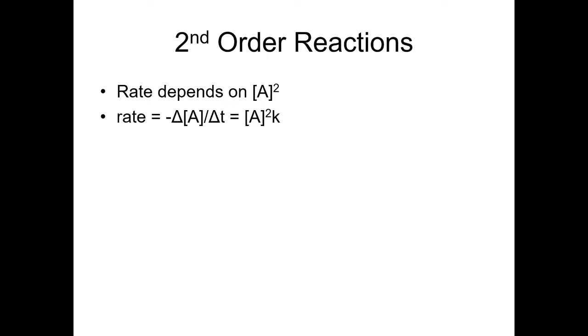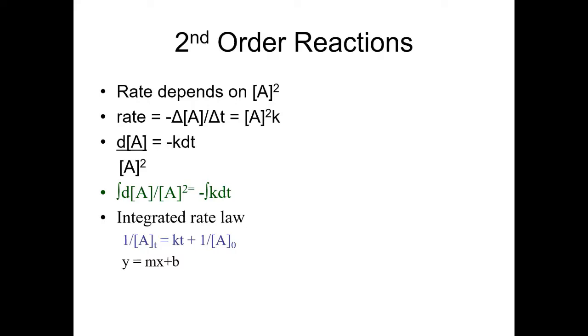And what does triangle mean? Change. Okay, so negative change in concentration over change in time is equal to, make it equal to this rate constant, K times A squared. Right now here I've written K times A squared, over there I've written A squared times K, but that's okay. Multiplication is commutative. It doesn't matter which order you do it in, we've got the same number, so we can switch them around. So we set those equal to each other, and then we math.